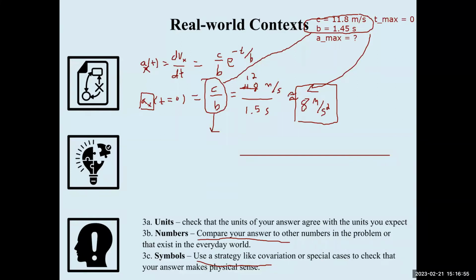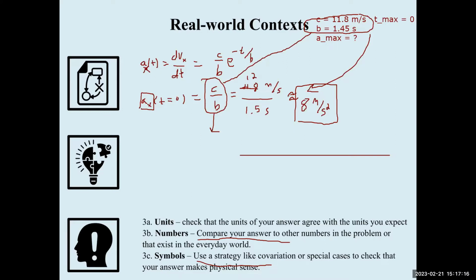Which means if my runner is going to reach a higher maximum velocity, they're going to need to have more acceleration. And so it makes sense that this c is in the numerator of my expression, right? A bigger c, a bigger maximum velocity, requires me to have a bigger acceleration.